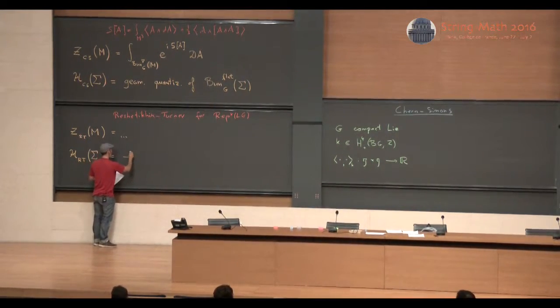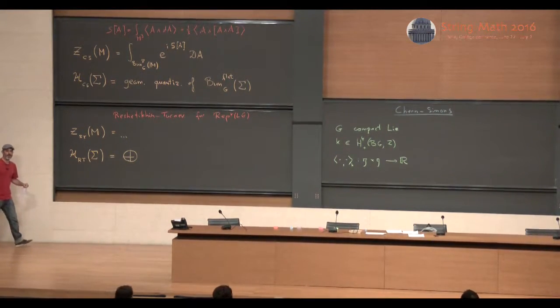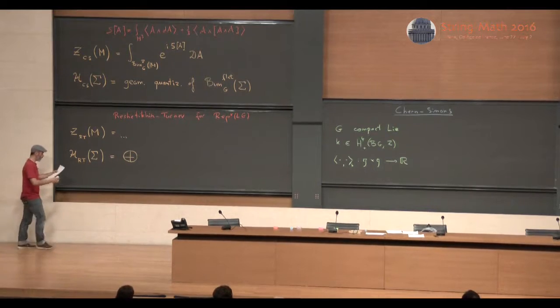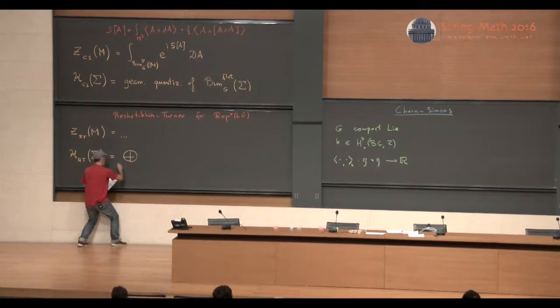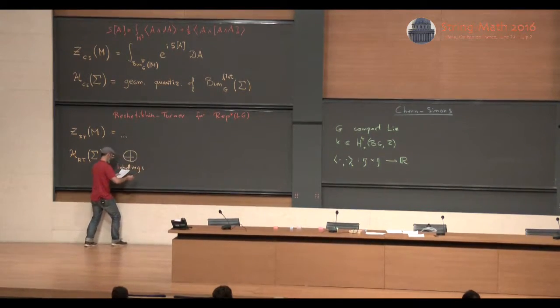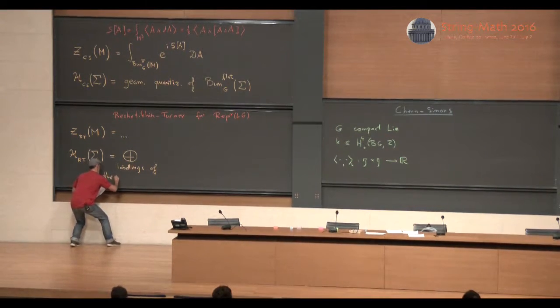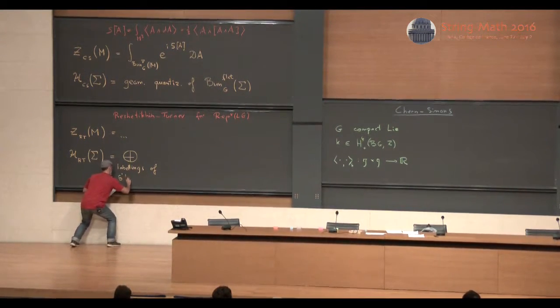So the way to write it down will depend on a particular pairs of pants decomposition of sigma. And so it goes like that. You have labelings of the S1s.